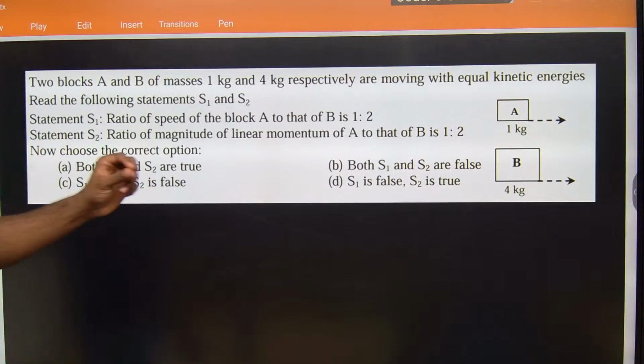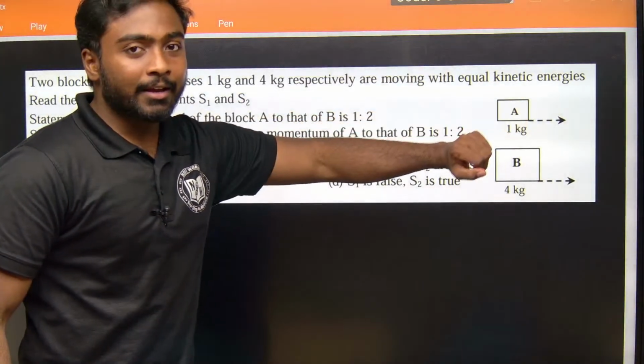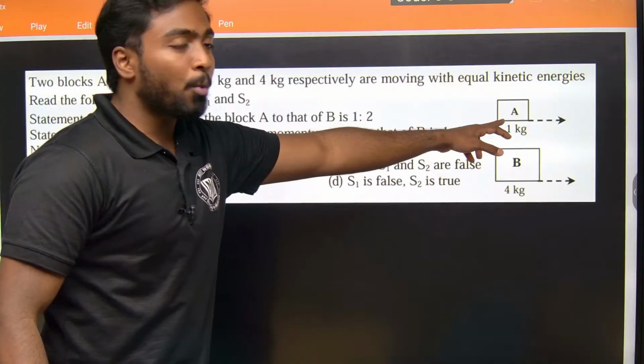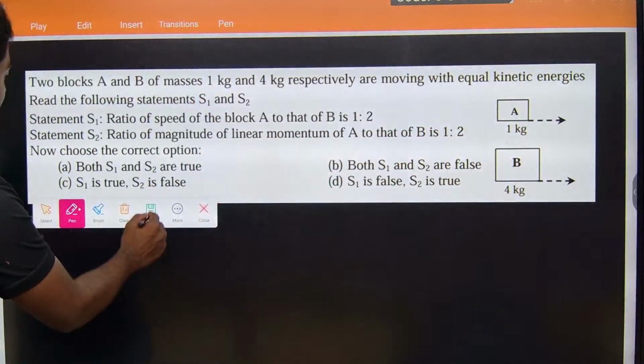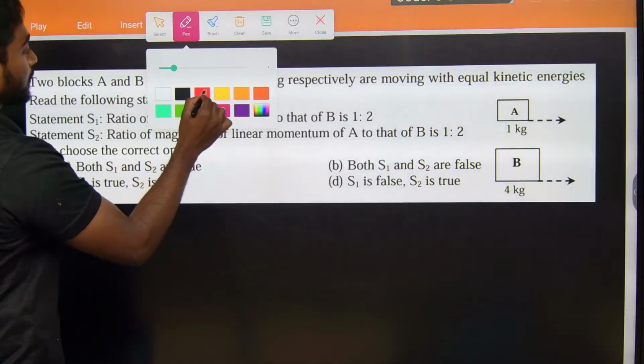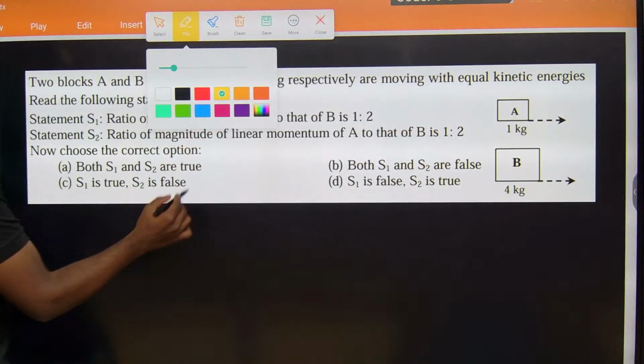They have told equal kinetic energy. Block 1 has 1 kg mass and block 2 has 4 kg mass. Let me mark equal kinetic energy.